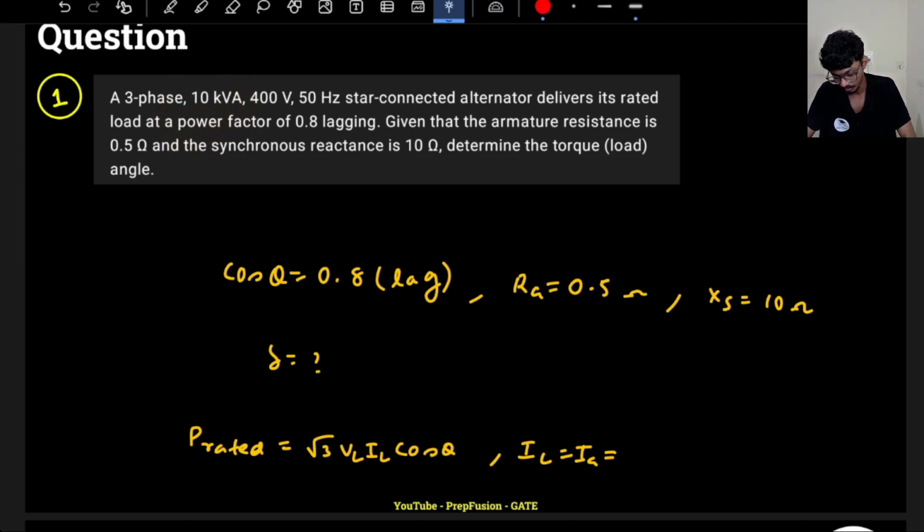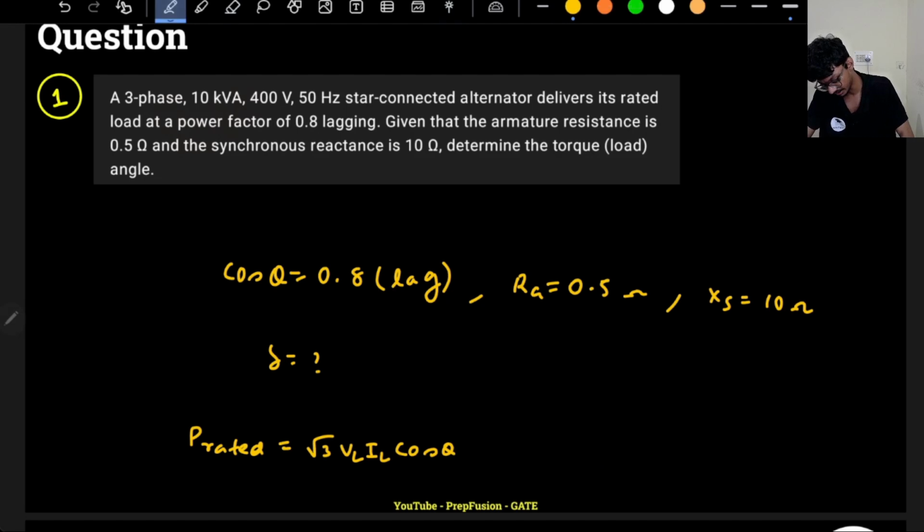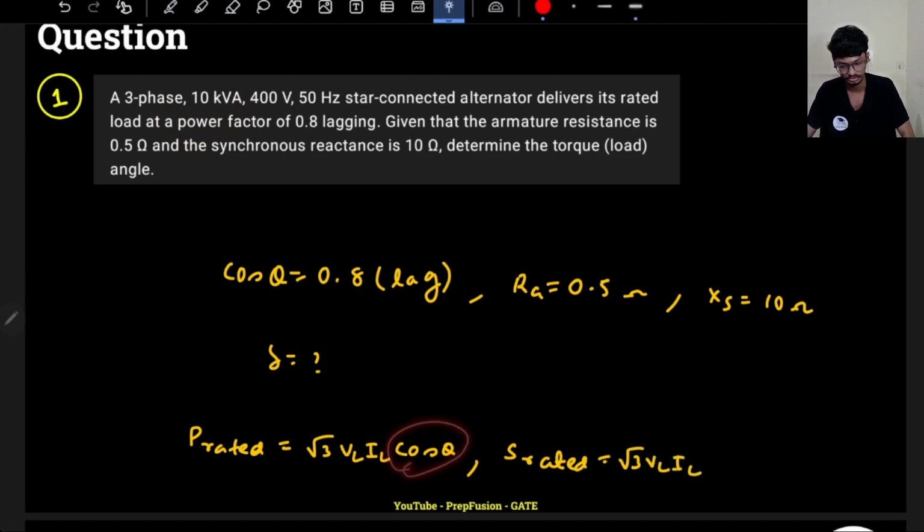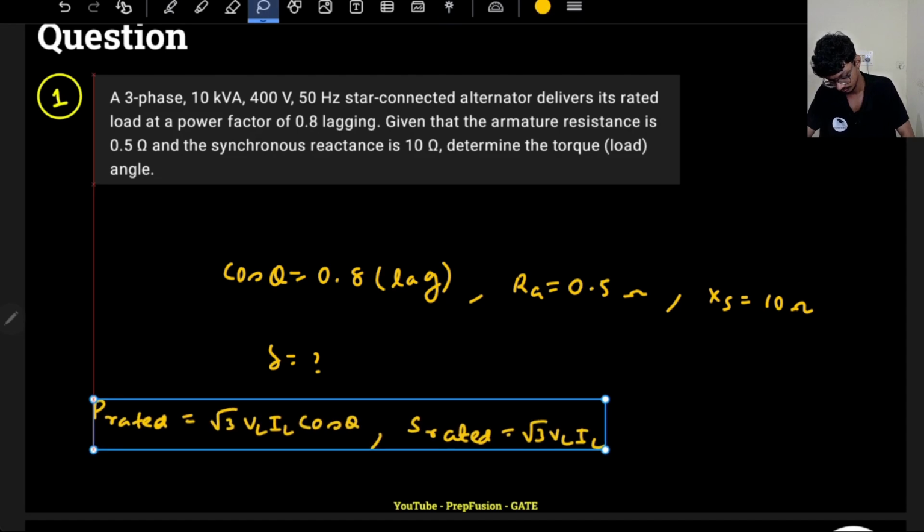This is not active power, this is apparent power. So instead of cos phi, I can directly write that my S rated will be root 3 into VL into IL. So I can just neglect the cos theta, correct?